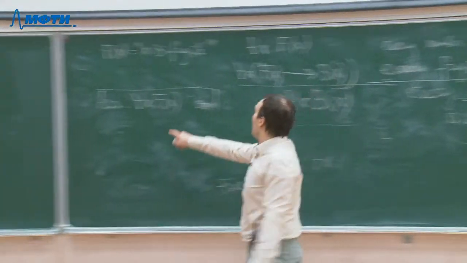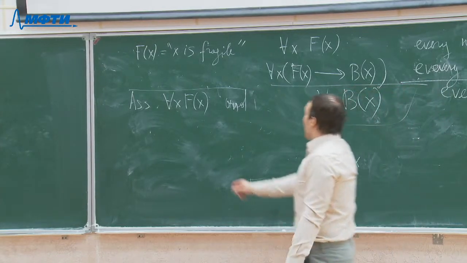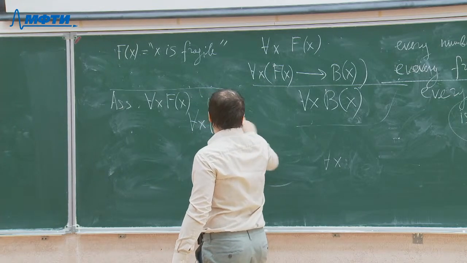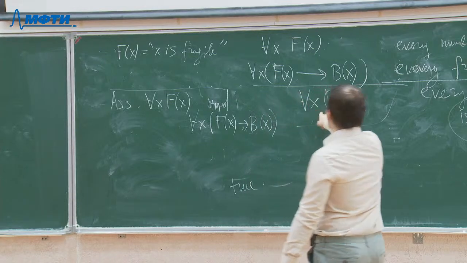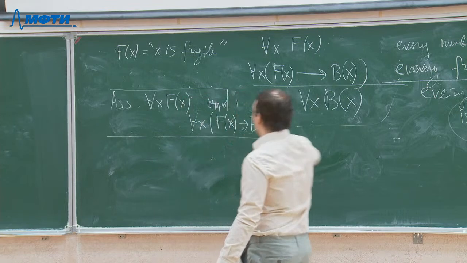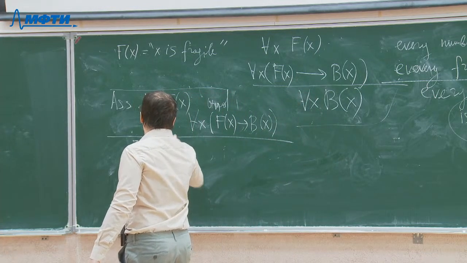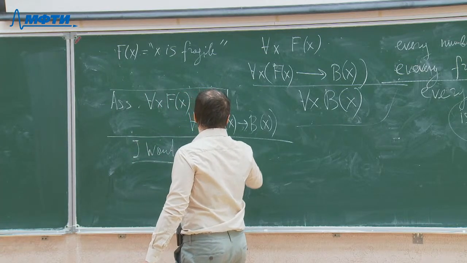Assume that every number is fragile, and every number which is fragile is blue. I want to prove, of course, that every number is blue.